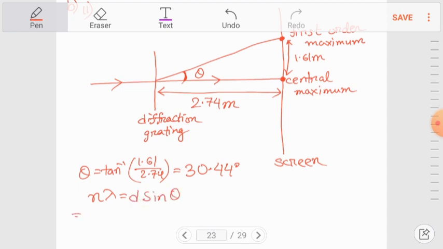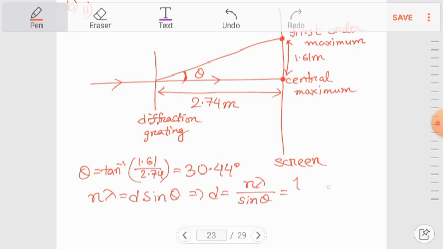We need to make d the subject of the equation, and it will look like d is equal to n lambda over sine theta. The value for n here will be just 1 because the entire process is taking place in air.